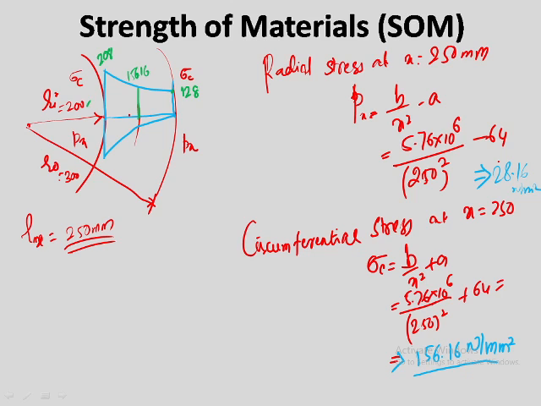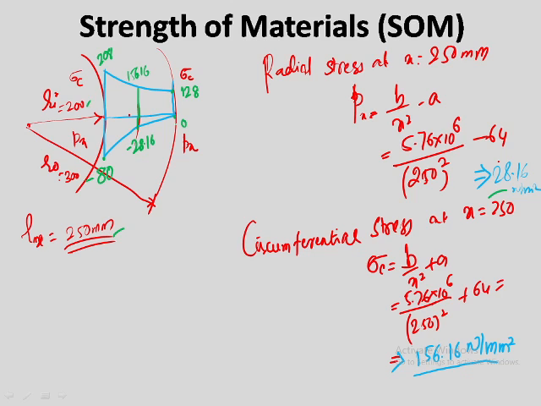The radial stress at Ri equal to 200 is equal to the fluid pressure, that is 80. Next at R equal to 250 mm, it is minus 28.16. And at R naught it is 0.